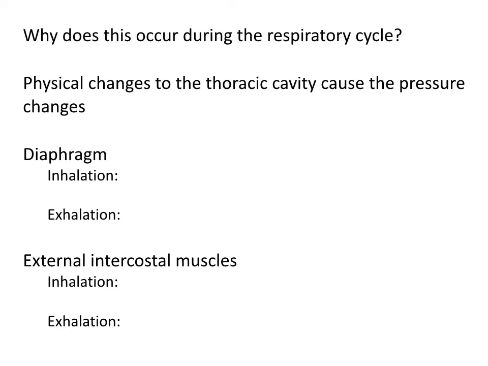That means that as it is pushing down on the abdominopelvic cavity, the abdominopelvic cavity is getting smaller, but the thoracic cavity is getting bigger. And as the thoracic cavity is getting bigger, those lungs are being pulled outward and they're expanding. Now, also, while you are inhaling, your external intercostal muscles contract.